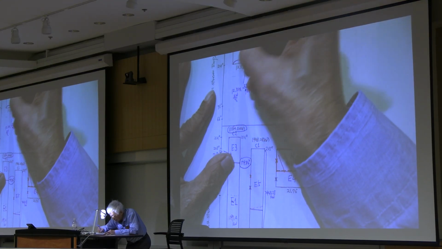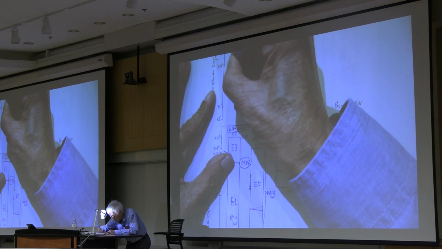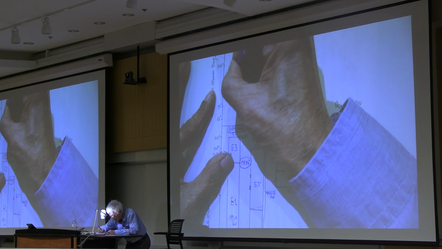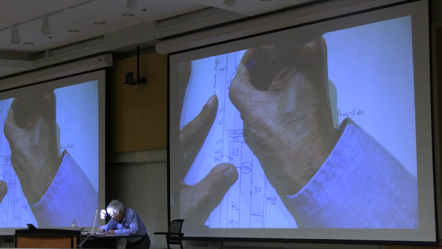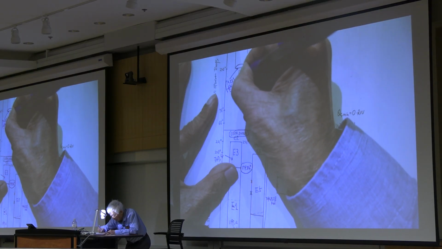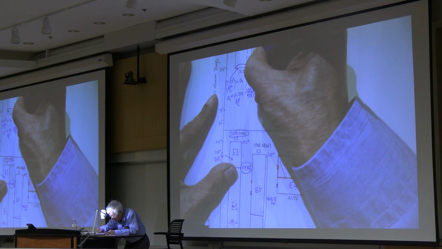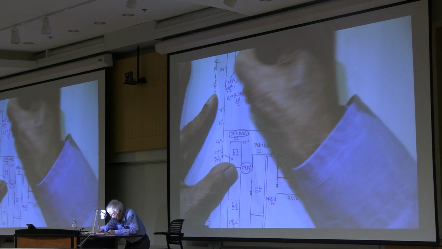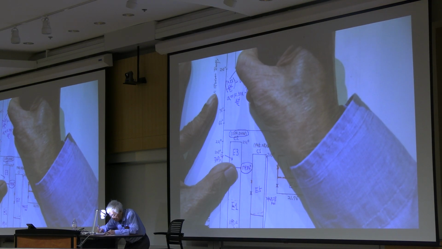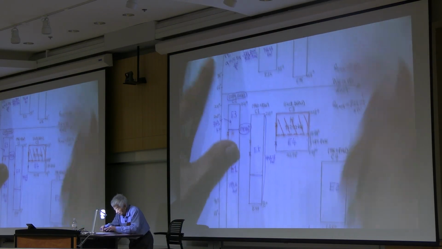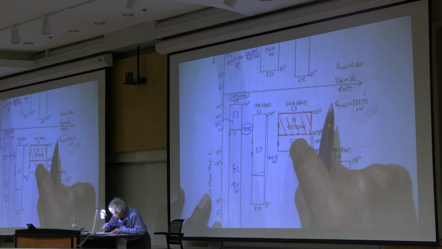This portion is 12.53 kilowatt per degree C minus A. A is this. This is A. 12.53 minus A. So, I match the two, E4, E5.